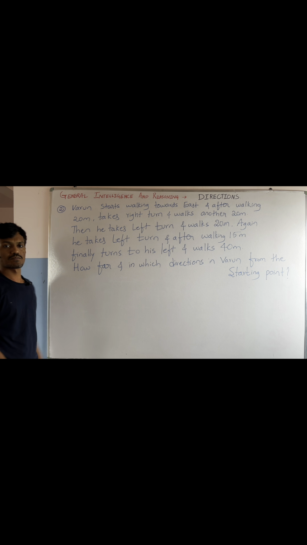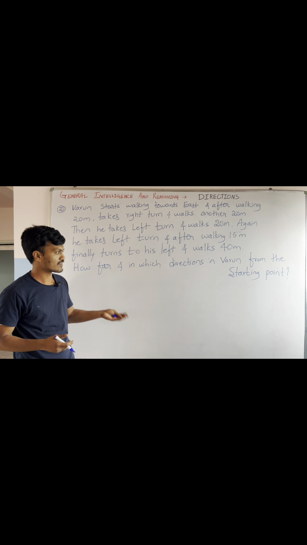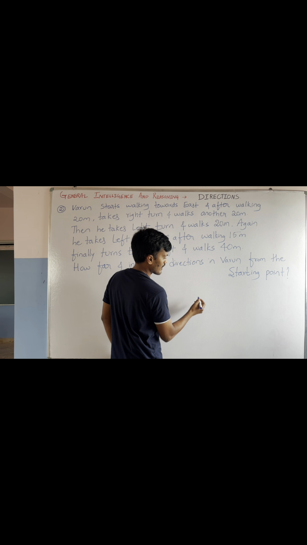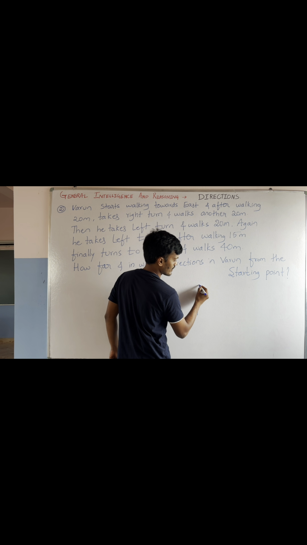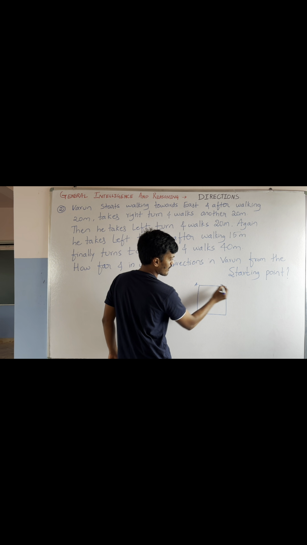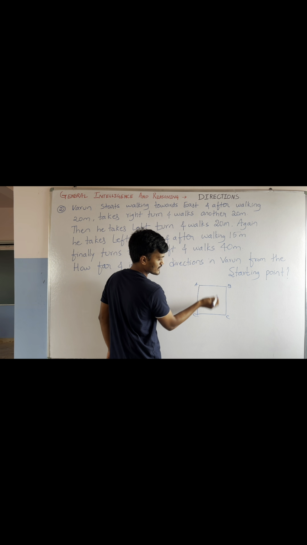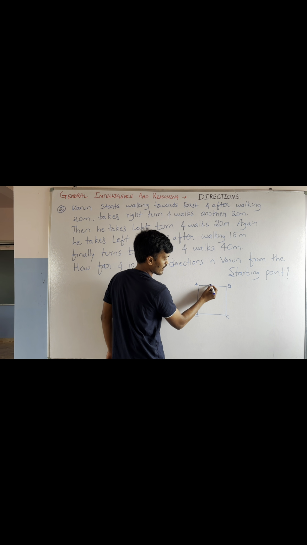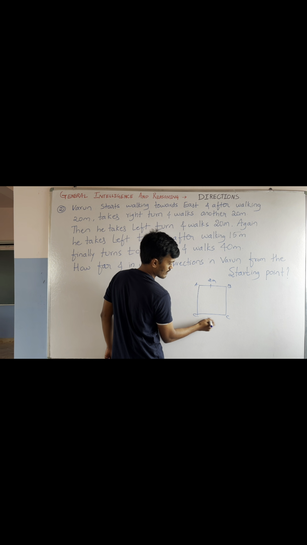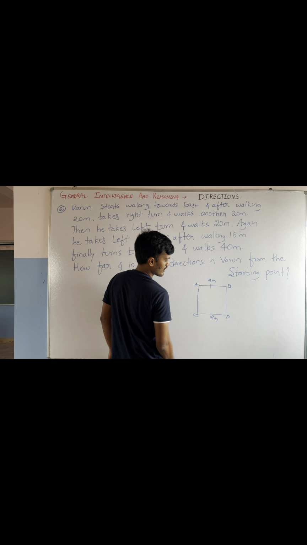Let's move on to question number 2. Before learning that question, we need to understand another basic piece of information related to direction. Here there is a square ABCD. Opposite sides are equal. AB, for example, 2 meter, and CD is also 2 meter.